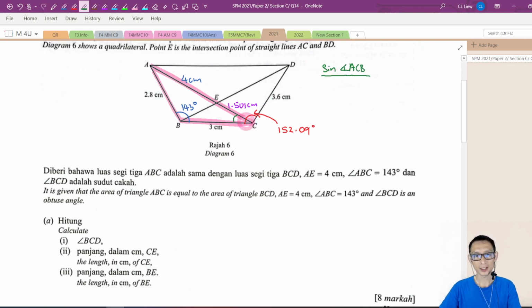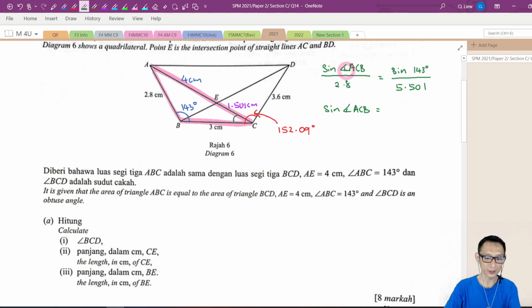divided by the opposite side, which is 2.8, is equal to sine 143 divided by the opposite side, which is this whole thing, 5.501. Okay, sine angle ACB is equal to this times 2.8.